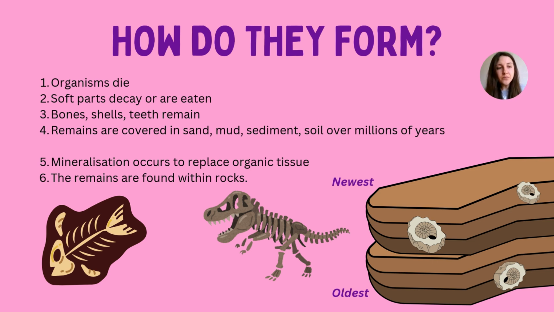But also, certain conditions for decay are needed. You need moisture and oxygen. These are key components for decay. If all of those components are there, the soft parts will be eaten and decay, and what will be left are all the hard parts: the bones, the shells, the teeth, all of that that doesn't easily and readily break down.